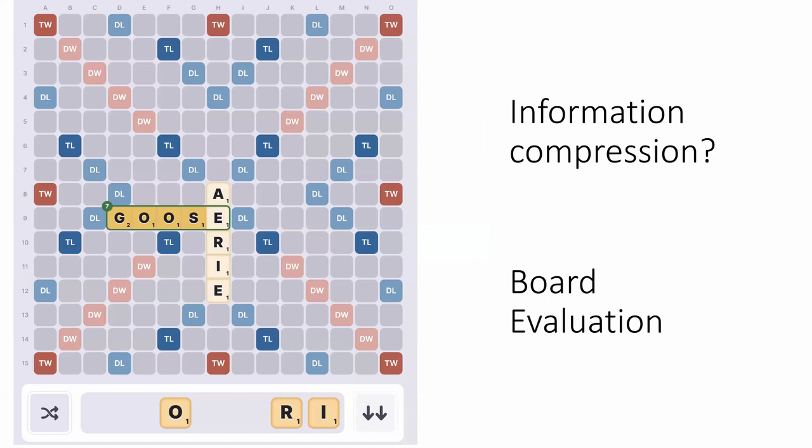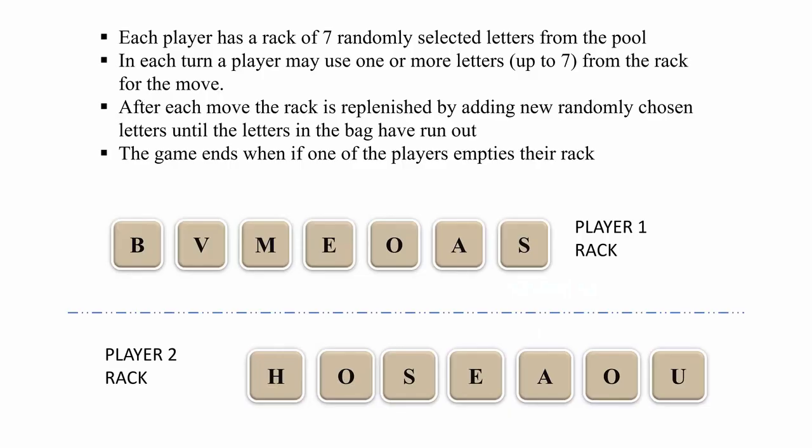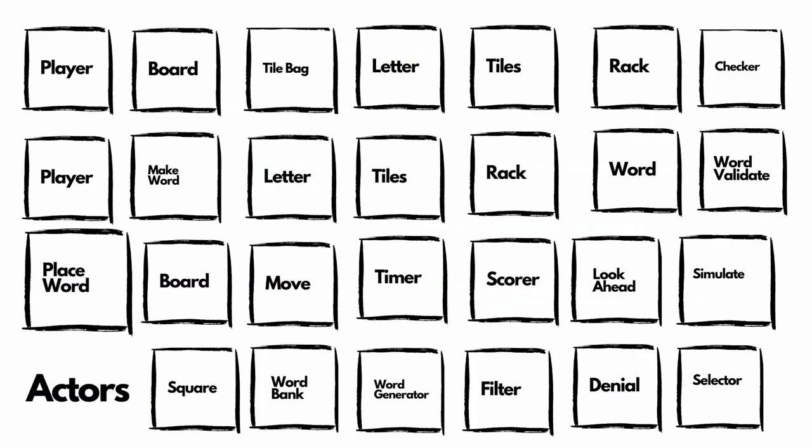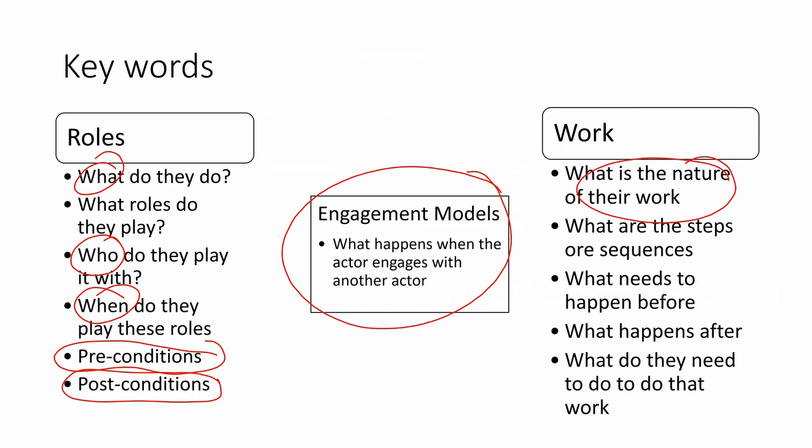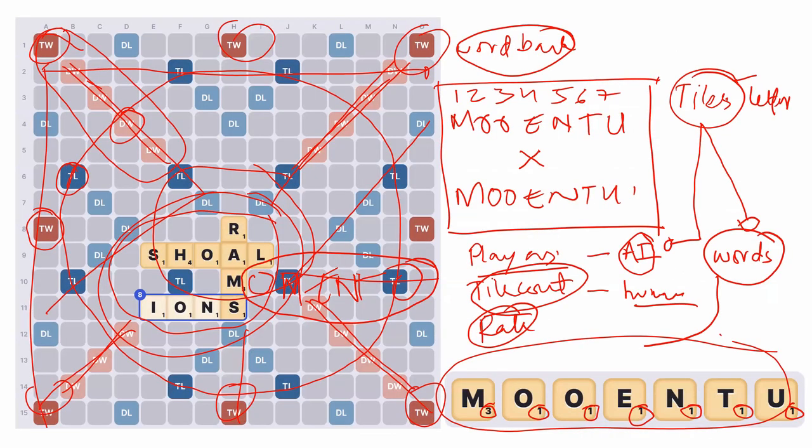So now let's take a look at the board. How would you describe the state of the board? अगर मैं आपसे ये पूछूं, this is my question and think about it for a second, मैं आपके सामने दो बोर्ड रख दूं। ये एक बोर्ड है, एंड एक बोर्ड आपके पास पीछे था जो आपने यहां पे देखा था, जहां से हमने कहानी स्टार्ट की थी। ये आपका बोर्ड है, राइट? सो इस पे क्या वर्ड्स पड़े हुए हैं? इसमें आयॉन्स, शोल, रैम्स, ये तीन अल्फाज लिखे हुए हैं इसके ऊपर, राइट?